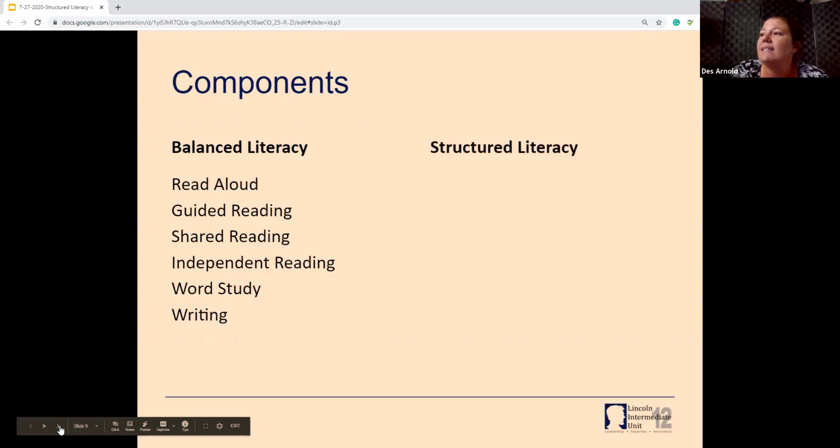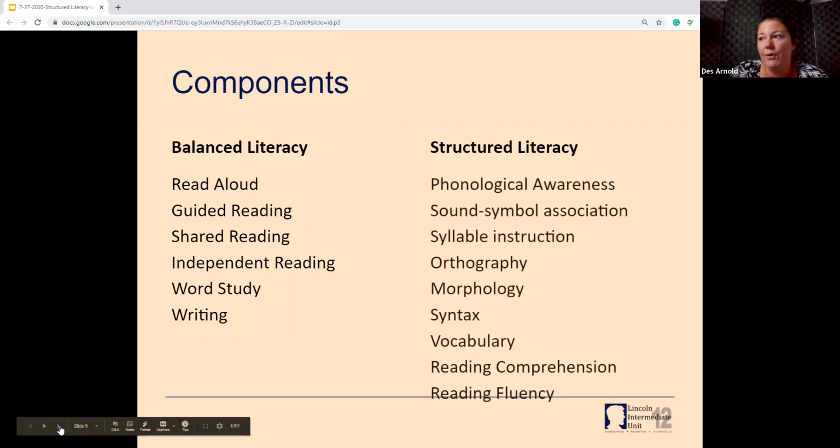The components of a structured literacy program: phonological awareness, sound symbol association, symbol instruction, orthography, morphology, syntax, vocabulary, reading comprehension, reading fluency. As you read through this, you'll notice that all of the big five is touched on.